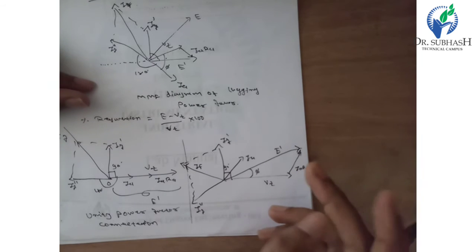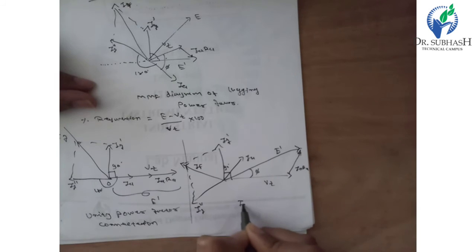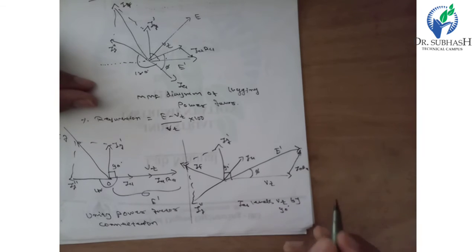In the leading power factor, the armature current leads Vt. There is the diagram of the leading power factor.